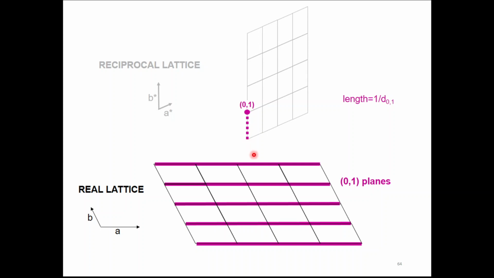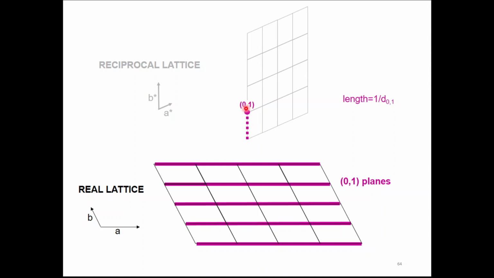We have in this direction, which is the perpendicular direction to these planes, we always take the reciprocal of the interplanar spacing. So after taking the reciprocal of this interplanar spacing in the perpendicular direction from the origin, we can define that.